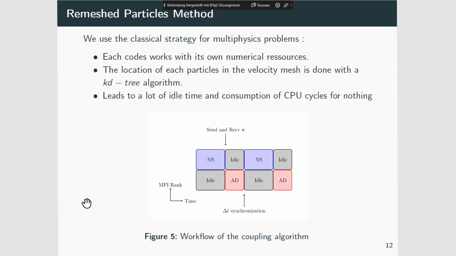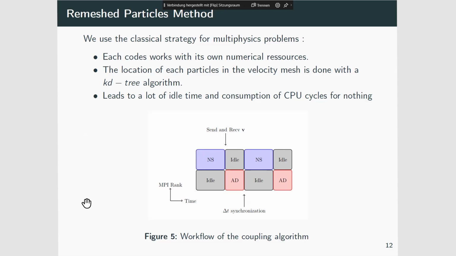The problem is that, of course, it leads to a lot of idle time, as when the Navier-Stokes equations are being solved, the processors dealing with the advection diffusion equation are not working. So the first idea to solve this problem is to overload the cores so that every core involved in the computation works all the time.